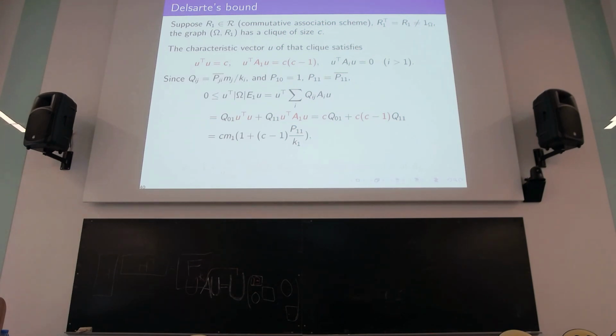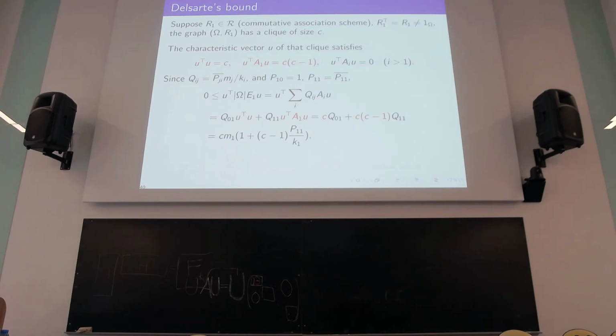So you can factor C out and use Q_11 to express it in terms of P. And Q_01 turns out to be the rank of the idempotent, so it's m_1. So you get this inequality.